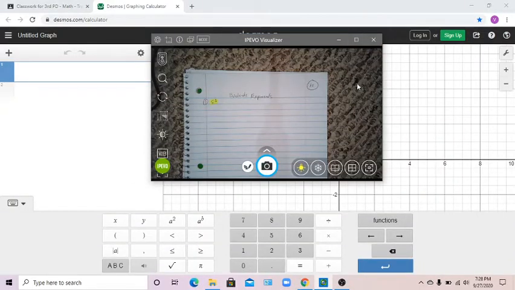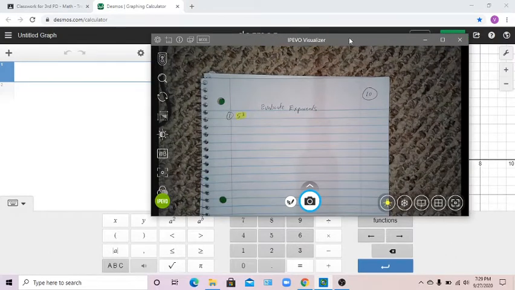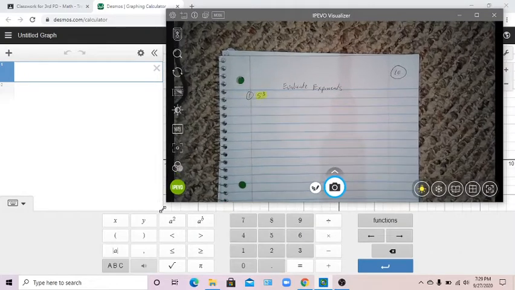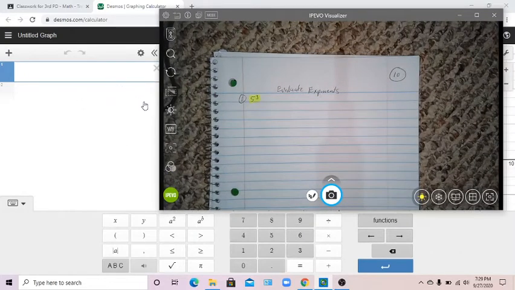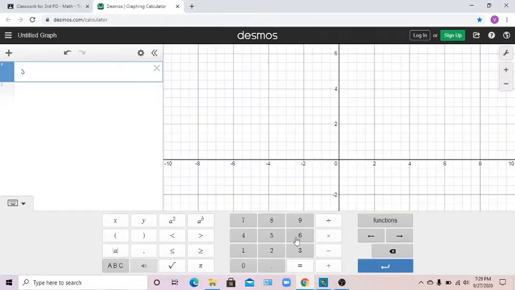So 5 to the third power, we are now going to go to the calculator. Okay, so 5 to the third power, my answer will show up over here. So 5 times 5. Notice the answer will pop up here.